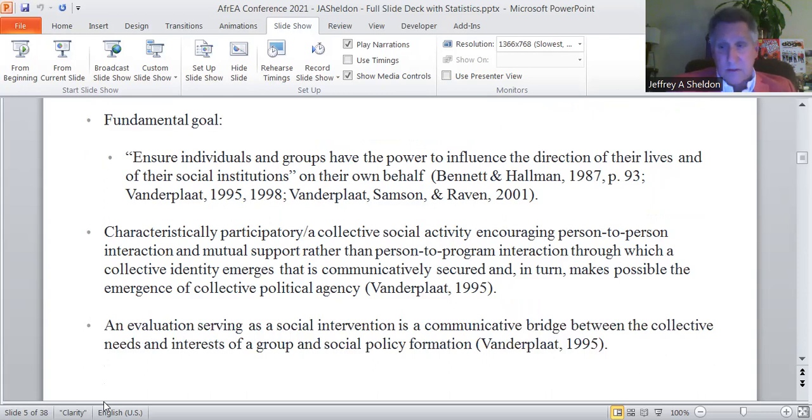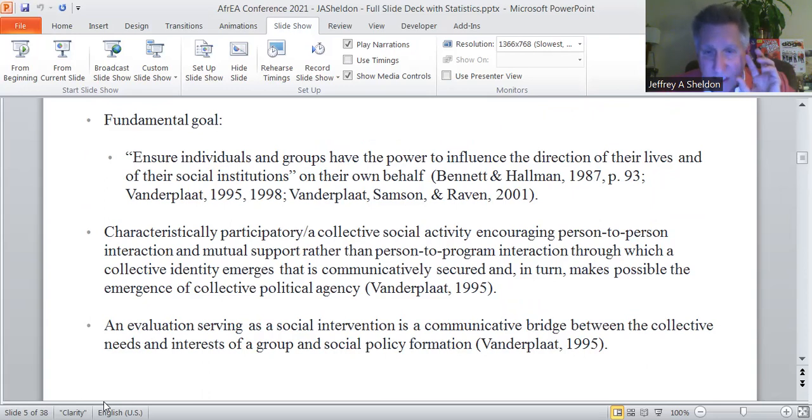This is the last thing on social intervention, that in evaluation. Okay, so you have a social intervention, and then you have this political agency, and it's really the evaluation that serves as a kind of connector.